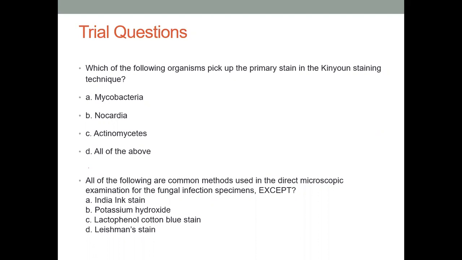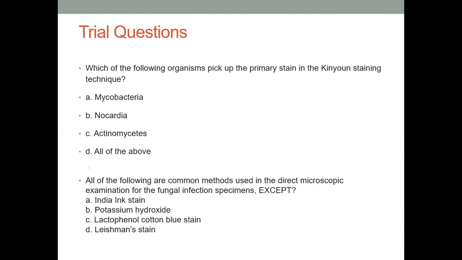So look, if the question comes using Kinyoun or even the Auramine stain, even though Auramine is not ZN, if you do the Auramine stain, it is also reported as AFB. You don't report as Auramine positive or Auramine negative. No, we report as AFB.